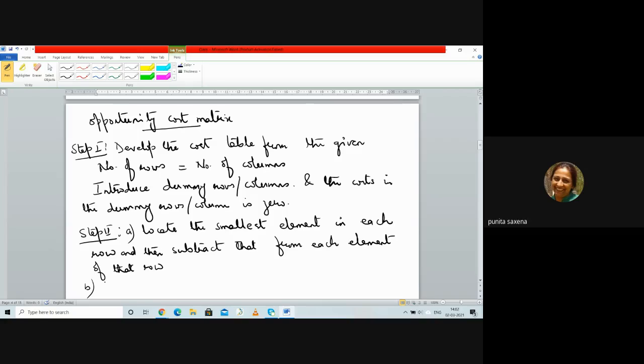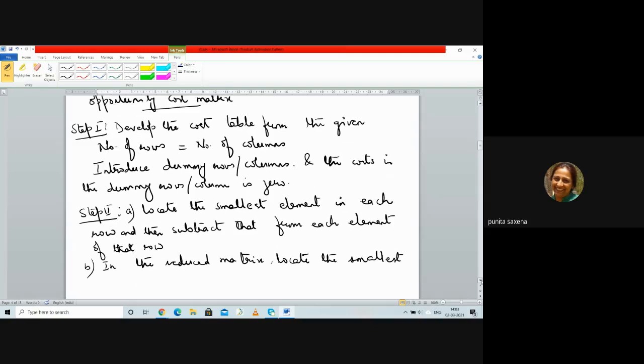Once this is done for all the rows, that becomes a reduced matrix. That means we had some initial matrix on which we performed some operations on rows, and that becomes a reduced matrix. Now in the reduced matrix obtained from the above step, we locate the smallest element in each column. We have to begin with rows, so you have to remember that.